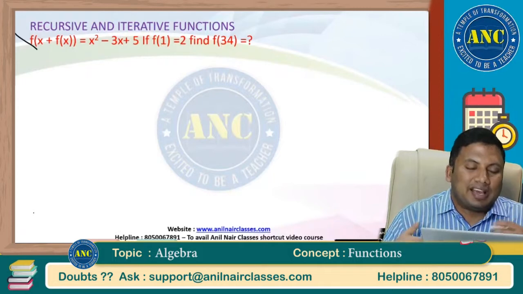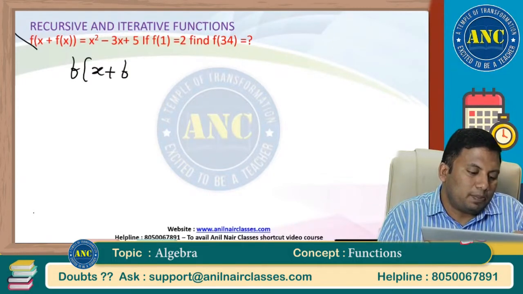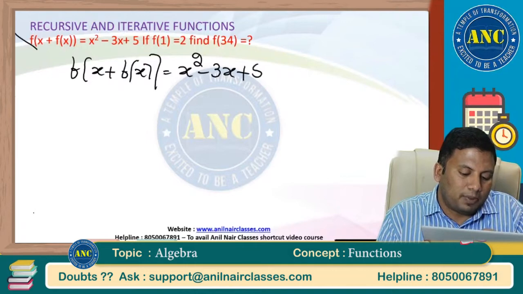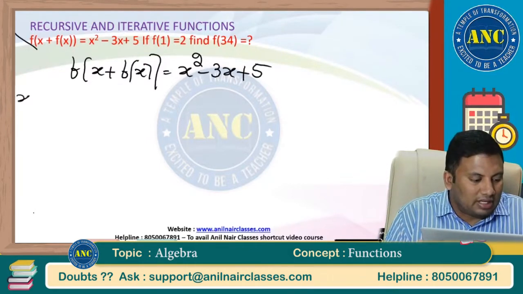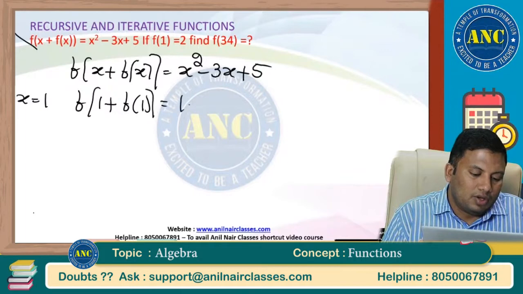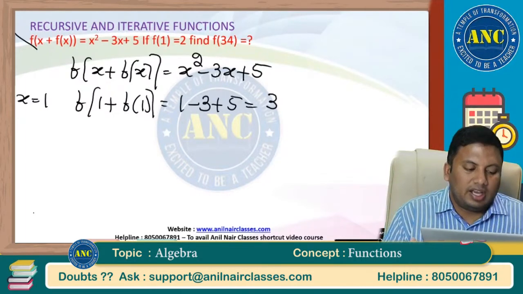Another classical case of a recursive function, f of x plus f of x equivalent to x square minus 3x plus 5. f of 1 equivalent to 2. So first we will take x equivalent to 1. f of 1 plus f of 1 equivalent to 1 minus 3 plus 5. 6 minus 3, it is 3.